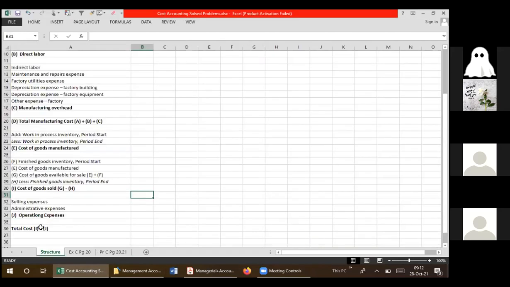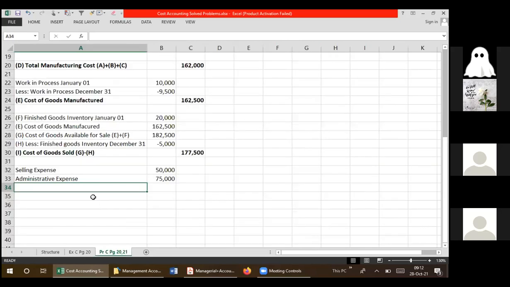That gives us our operating expenses, which is J, 125,000.